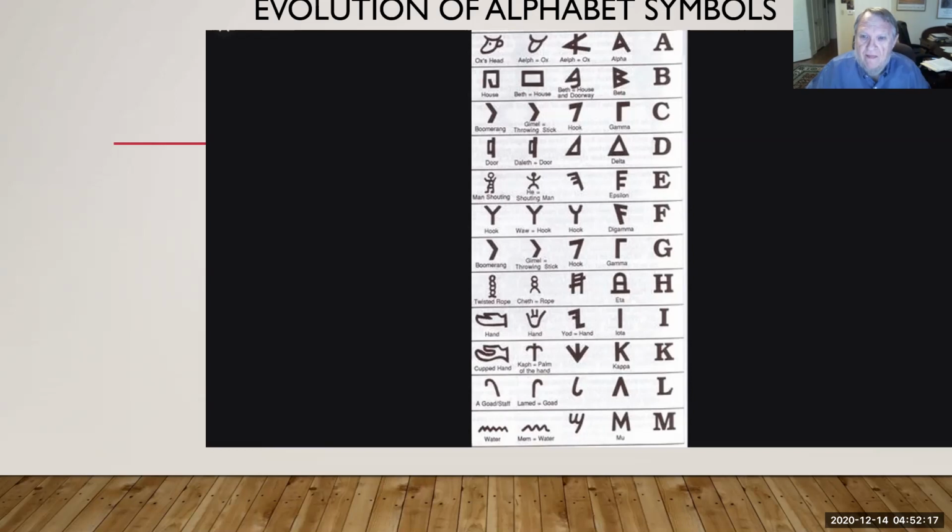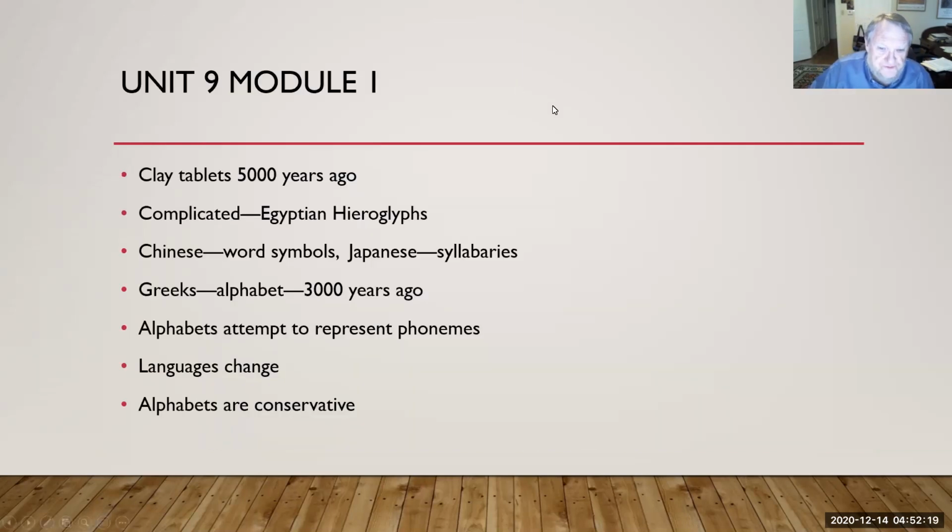Well, if we go back to our chart, the Greek alphabet came along about 3,000 years ago. And the alphabets, as I said, attempt to represent phonemes. And in that sense, the Greek alphabet was a great alphabet. It represented Greek quite well. But even today, it doesn't exactly represent Greek as well as it could.